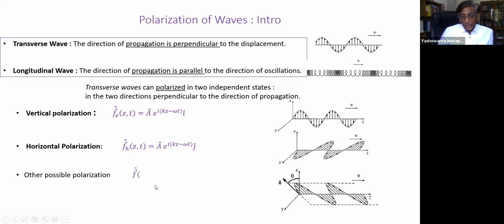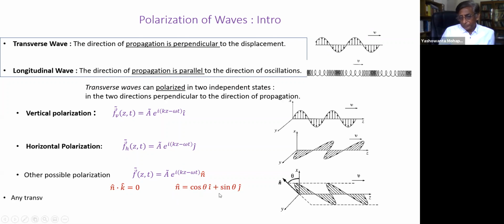So I can write down the amplitude with wave vector k, but the polarization vector is pointing in the n hat direction, where n dot k must be 0, because n must be perpendicular to the direction of propagation. In the example I have taken here, the direction of propagation is the z direction, and hence I can write the polarization unit vector in terms of cos theta i and sin theta j.